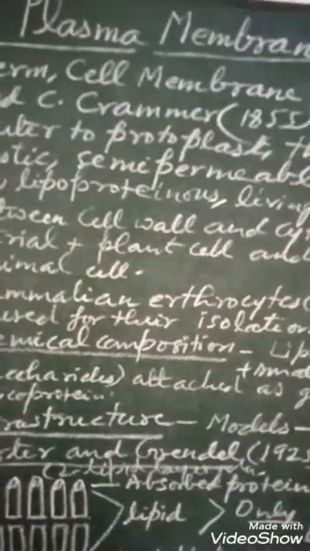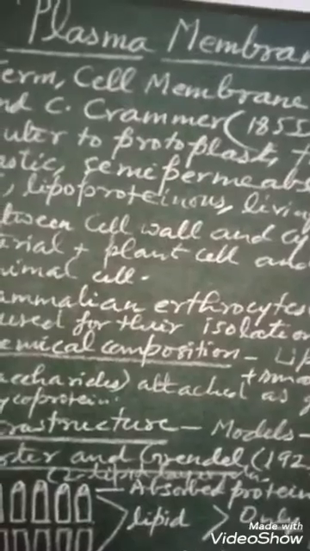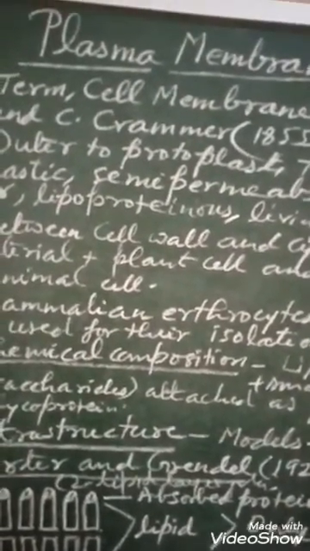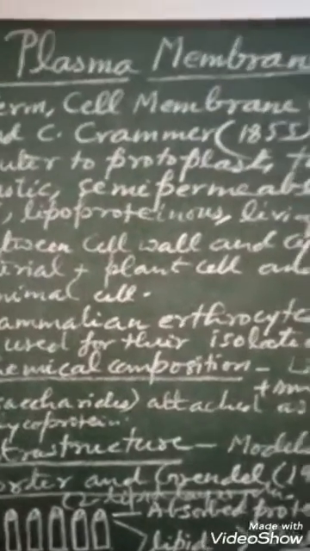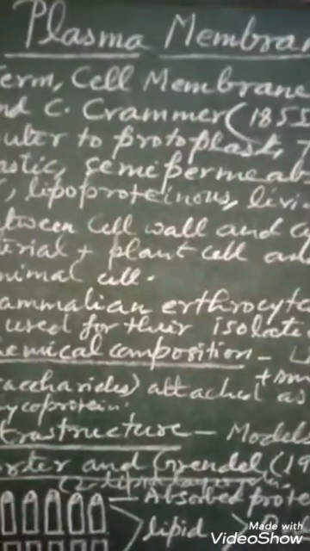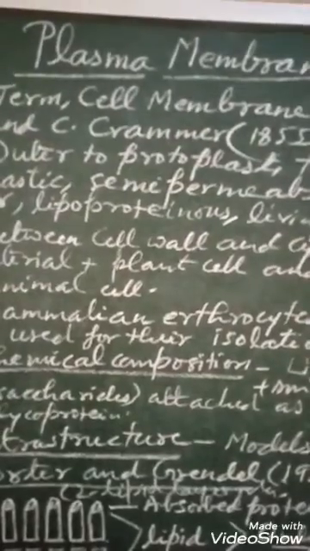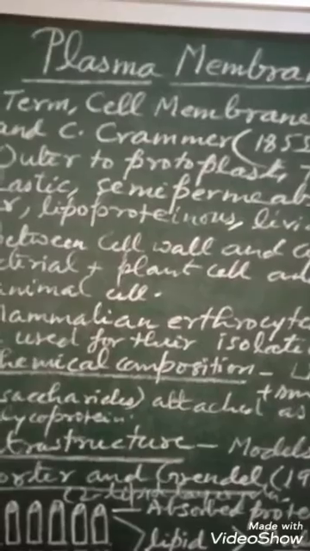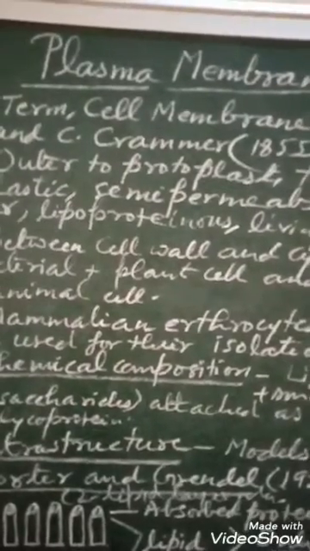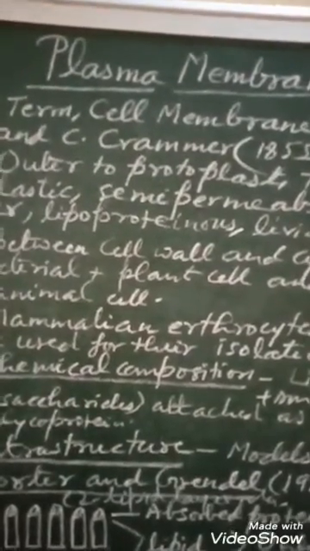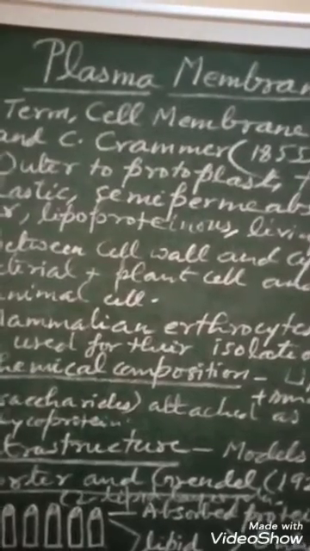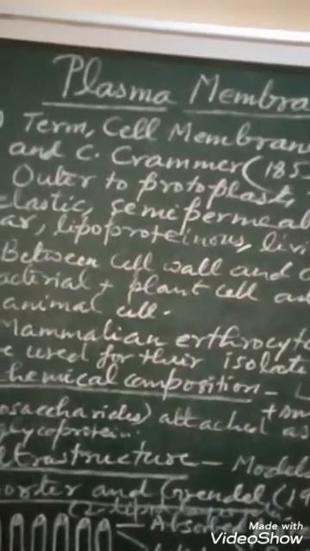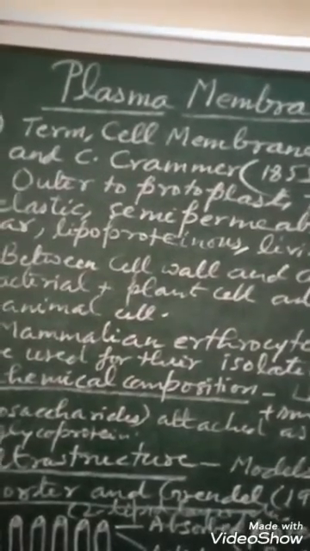Transmembrane proteins extend through the lipid bilayer, projecting out on either side of the membrane, and are not easily separated from the membrane. So these are called intrinsic proteins, and they act as channels, pores, and for message transfer.